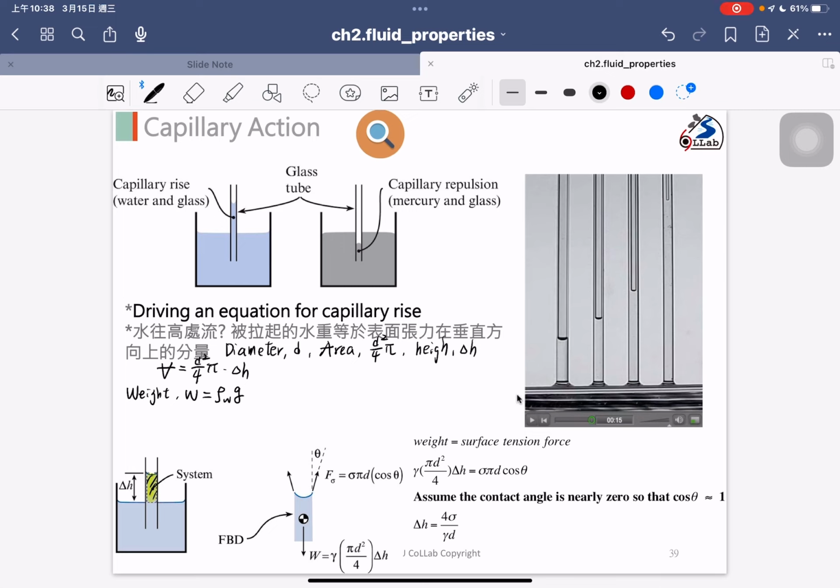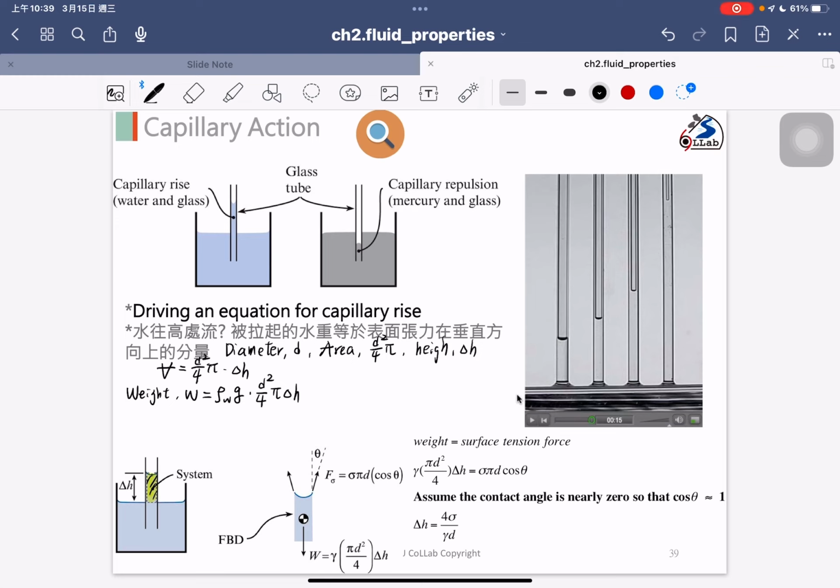Specific weight multiplied by the volume, pi D squared delta H over 4, equals the total weight of the water. So we know that the downward force is caused by the fluid weight. Right now our fluid is water. So how about the upward force?